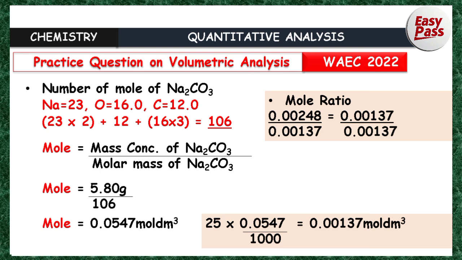Divide both sides by 0.00137. This one cancels this one, giving 1. And 0.00248 divided by 0.00137 gives 1.8. The mole ratio of acid to base is therefore 2:1, because approximating 1.8 gives 2:1.